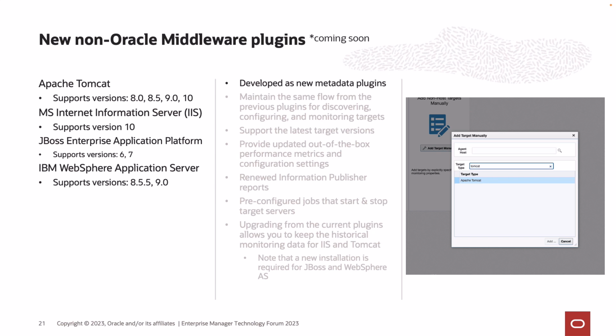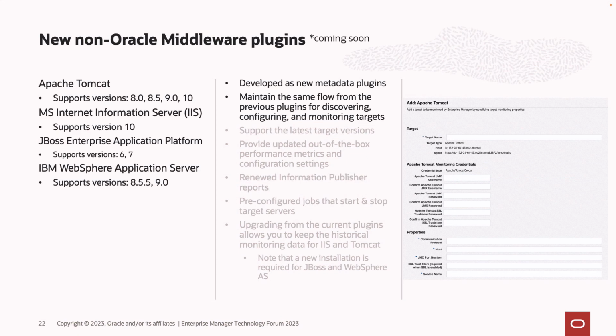They are Apache Tomcat, Microsoft Internet Information Server, JBoss Enterprise Application Platform, and IBM WebSphere Application Server. When these plugins are released, you can download them from the self-update in your EM instance. To discover the target, go to the Setup menu and select an option to add target manually, just as you do for any other metadata plugins.